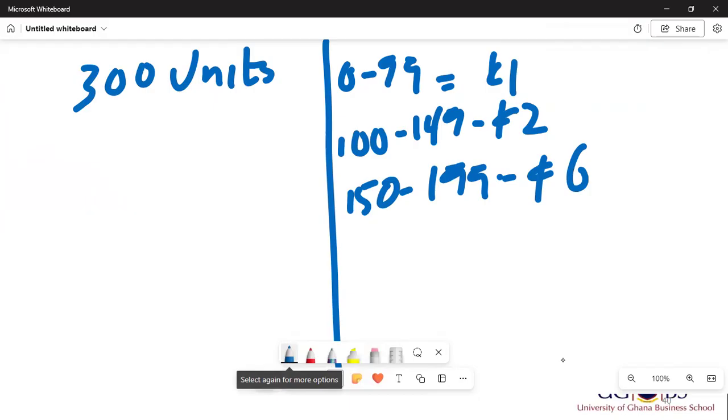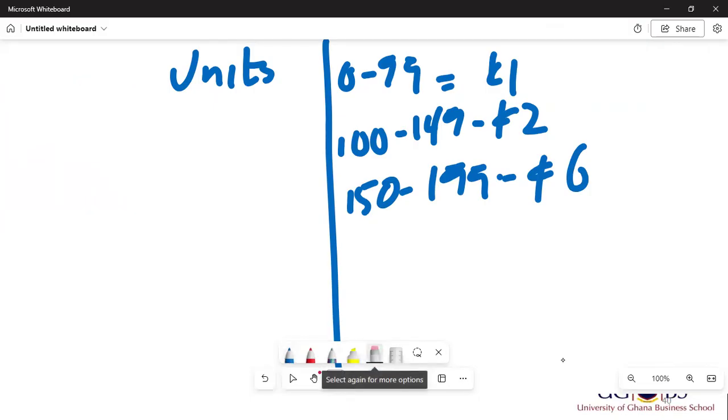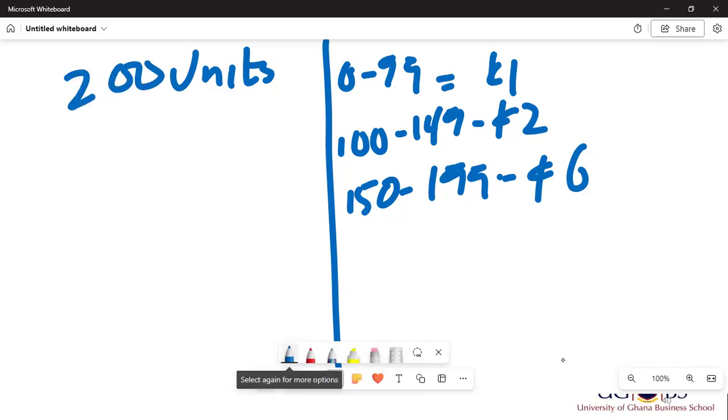So since it's within 200, let me change this to 400. Because of this, it doesn't mean that you are going to multiply all the 200 by this 6. No, you are going to take the first 99 out of this. The first 99 times 1 is going to give you 99 cedis. Then the second slice will be from 100 to 149, right?